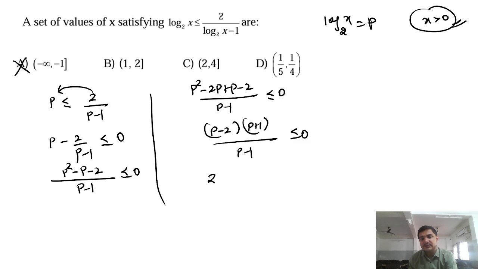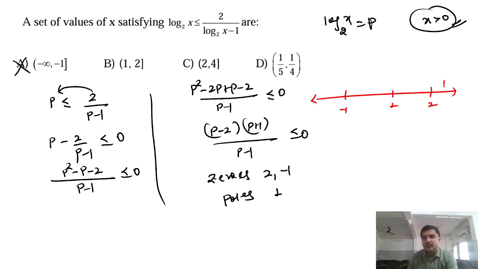What are the zeros? Zeros will be 2 and minus 1. Pole, it is 1. On the number line, what will I be plotting? We'll plot minus 1, 1, 2, with signs plus, minus, plus, minus.